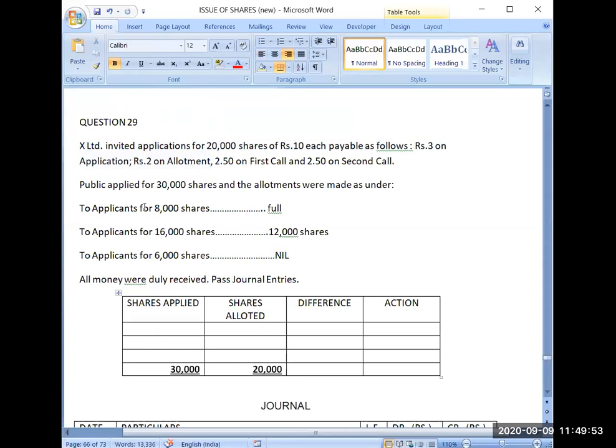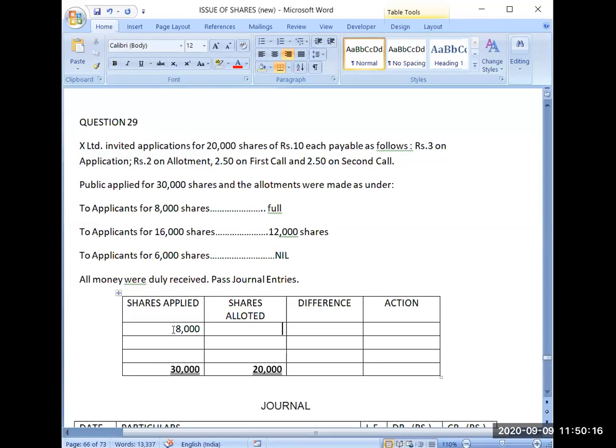So first is saying that the allotments were made as under. So the applicants for 8,000 shares means those who have applied to you for 8,000 shares, you have made full allotment. So if I have received applications for 8,000 shares, how many number of shares I have allotted to them?